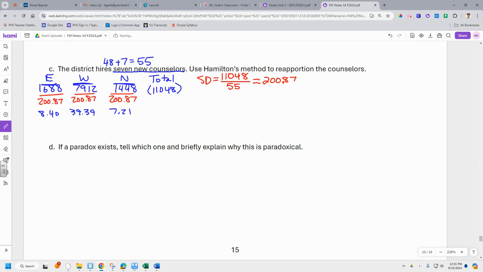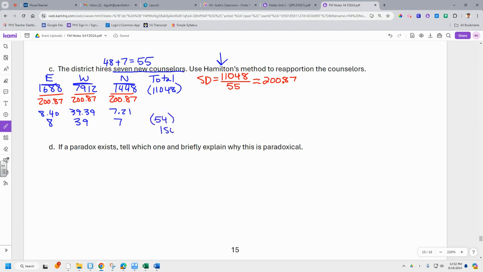And we're doing Hamilton's method again, so again we're rounding down. Keep in mind, if it was a different method, maybe we'd round up or round to nearest, but Hamilton's always rounds down. Round down to 8, 39, and 7. 8 plus 39 plus 7 is only 54.